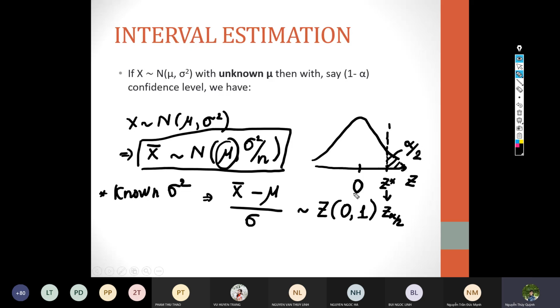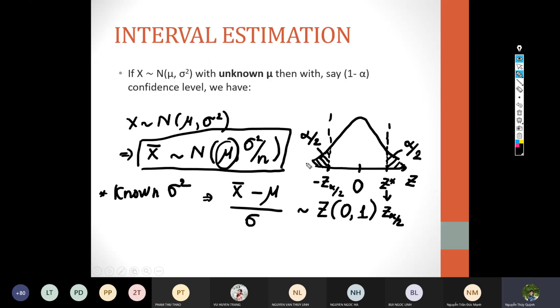Because this distribution is symmetric, we will also have a value called minus z alpha divided by 2, and the probability that z is smaller than minus z alpha divided by 2 is also equal to alpha divided by 2.